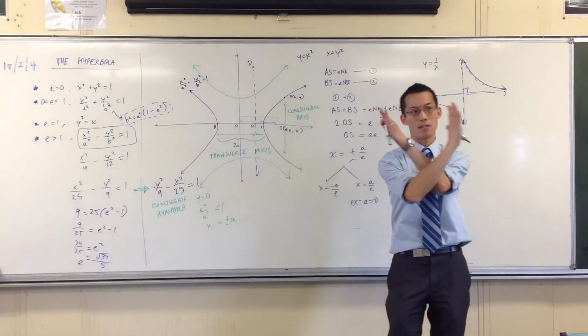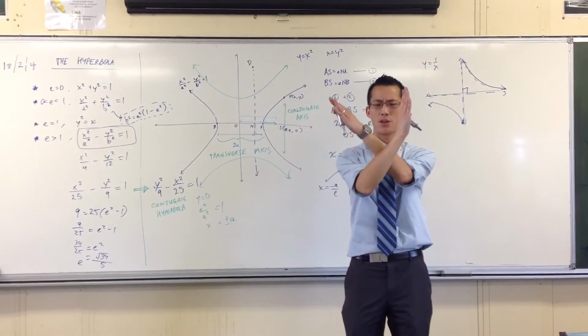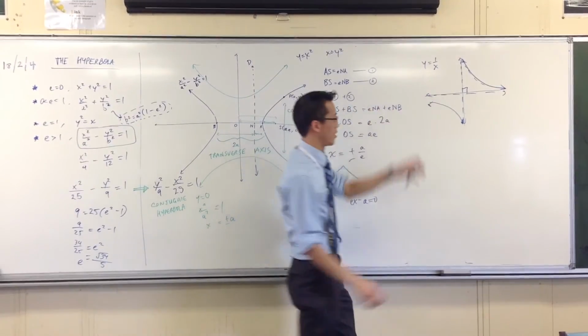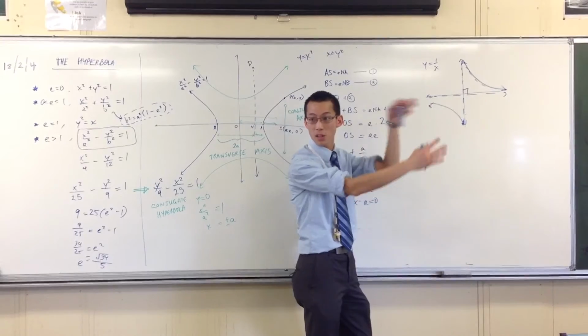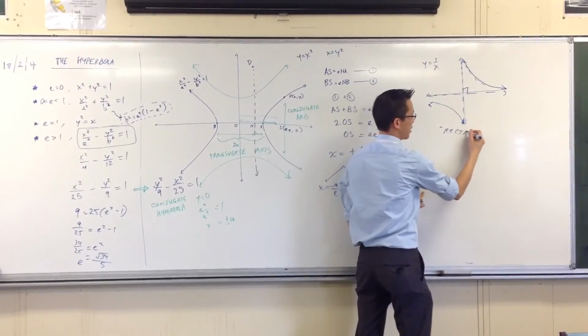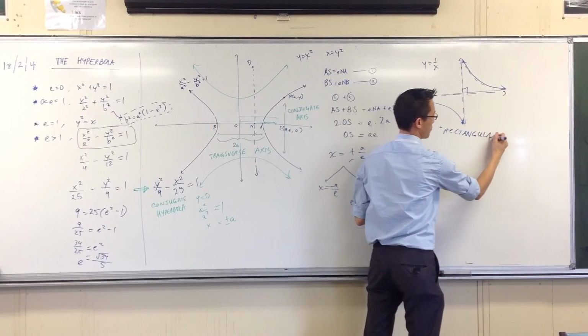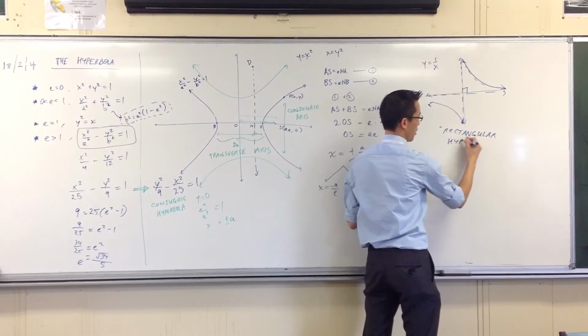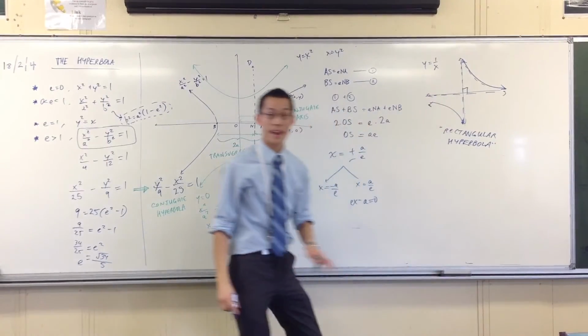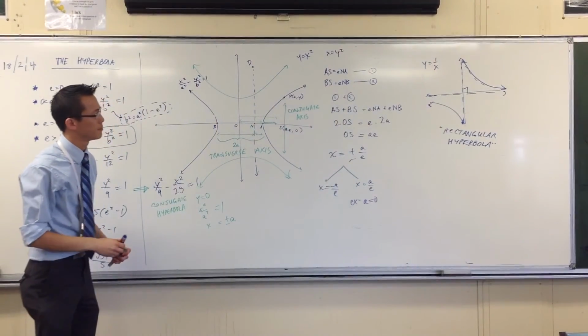They're not meeting at right angles, okay? So if I have them meeting at right angles, we call this one, and any variation of that kind, so long as the asymptotes are perpendicular, we call it the rectangular hyperbola. Because you know, a rectangle is the shape that has right angles in it.